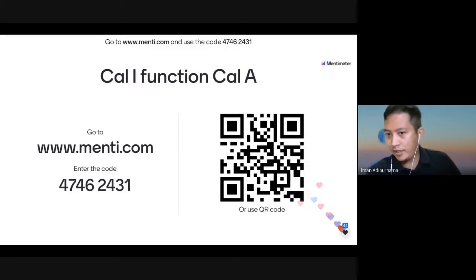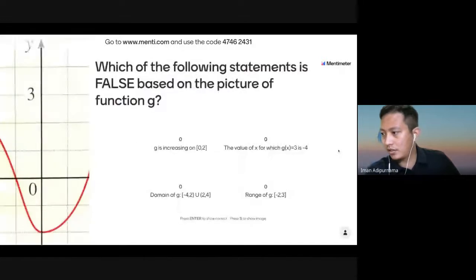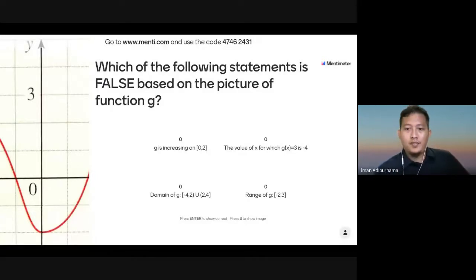Okay, ready? There is no time limit for this one, but there will be in the other part.